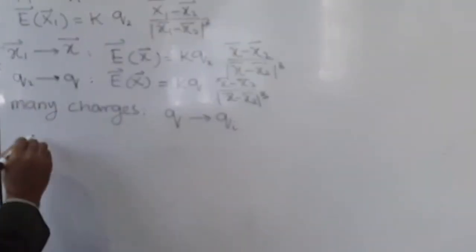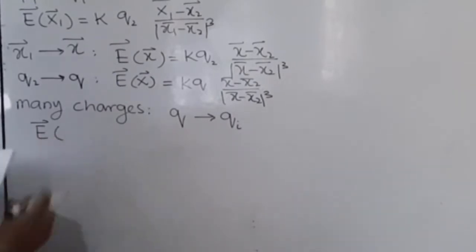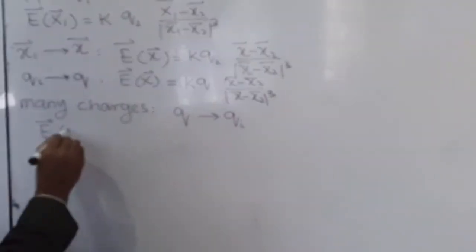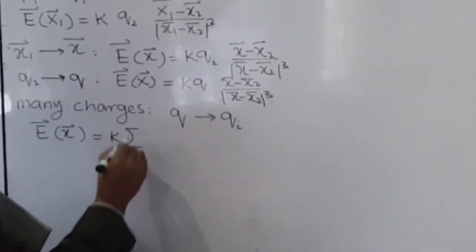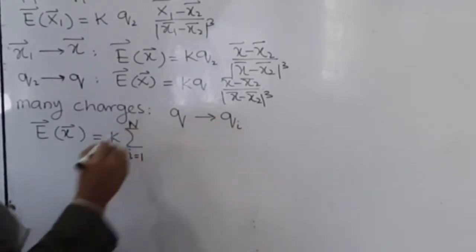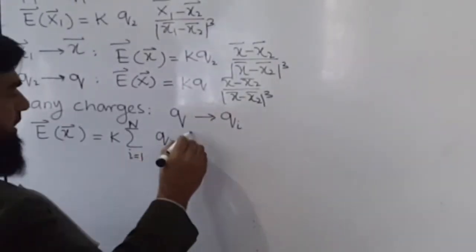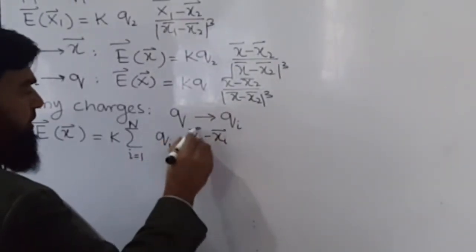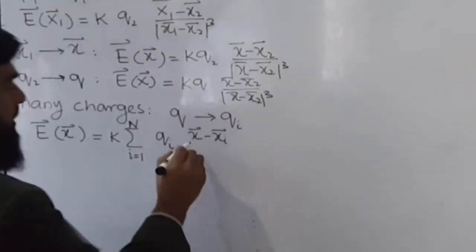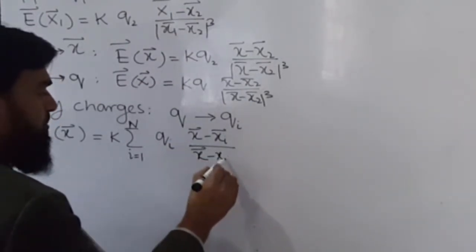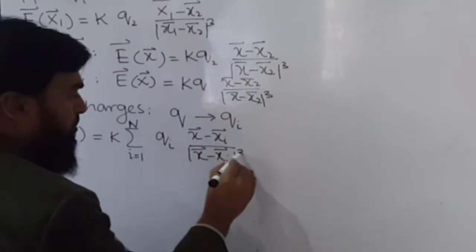So I will write that the electric field at any point x from those source charges will be equal to k times the summation, where i runs from 1 up to n if there are n charges, of Qi, because the source charge is now Qi, times (x minus xi), meaning from x I subtract the source point distance from the reference point, divided by |x minus xi| cubed.